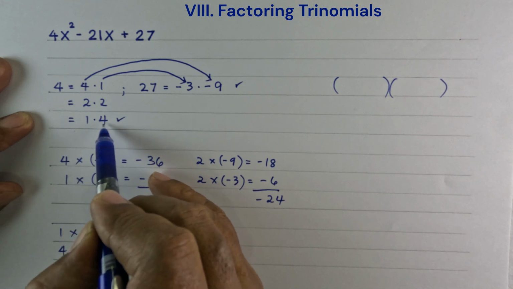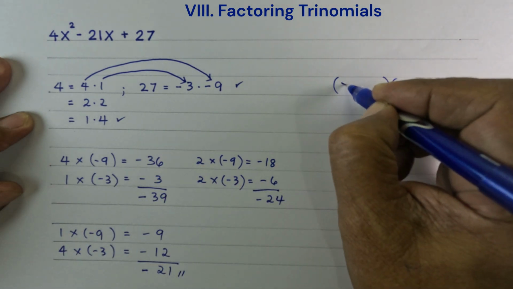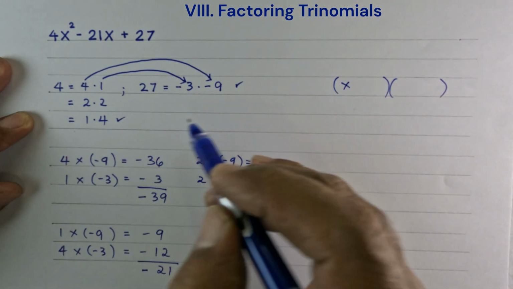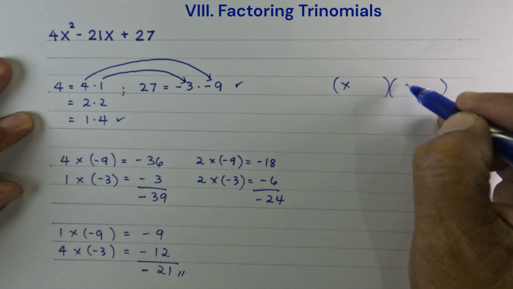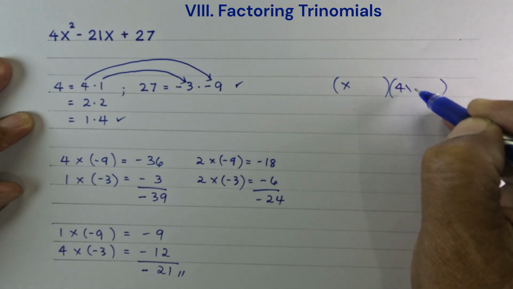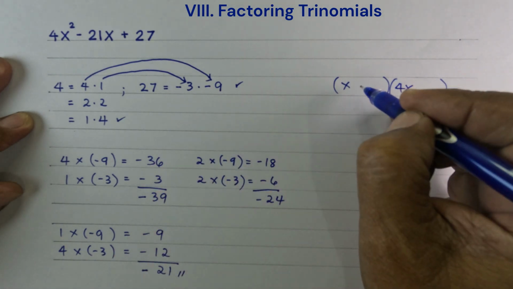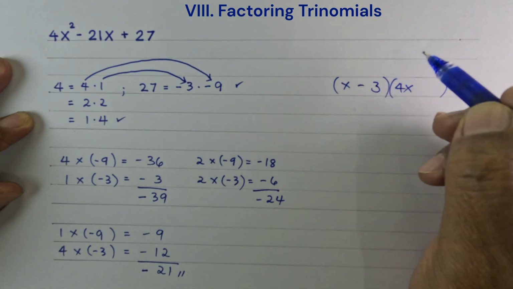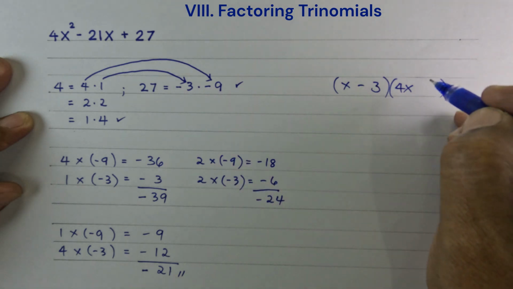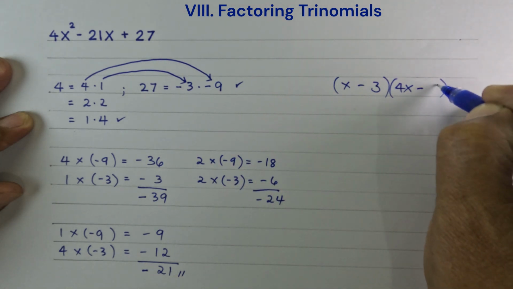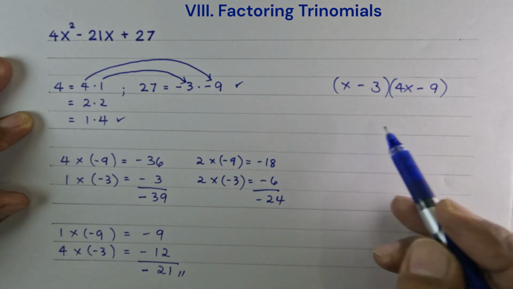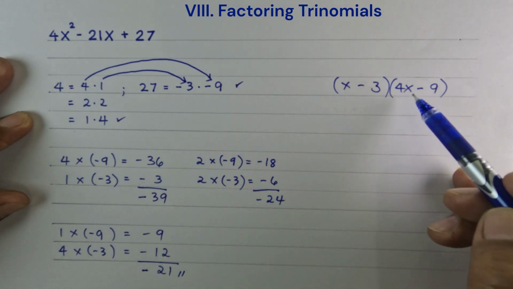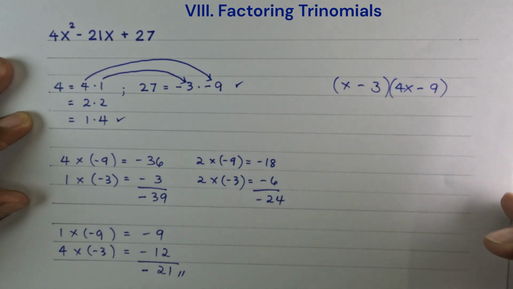And this one is 4x, because the coefficient of x here is 1, right there. And this one, 4x. That's negative 3. And negative 9. So the binomial factors are x minus 3 times 4x minus 9.